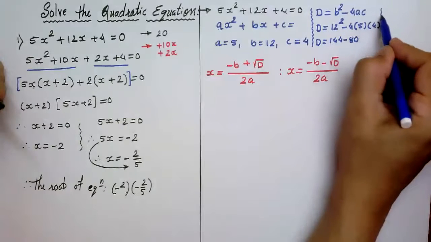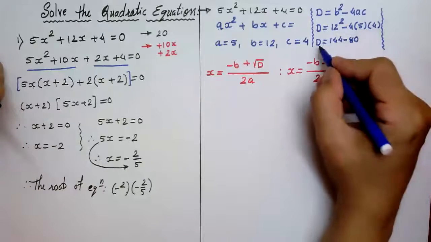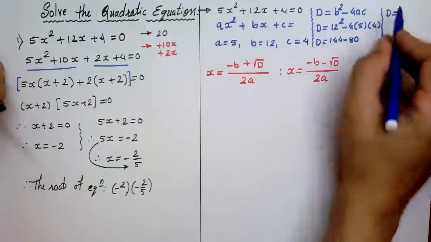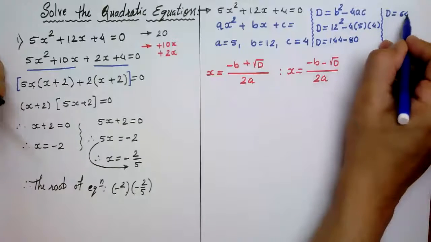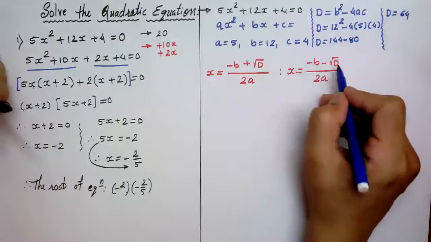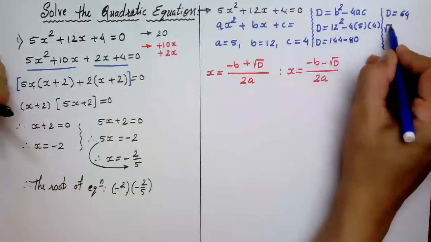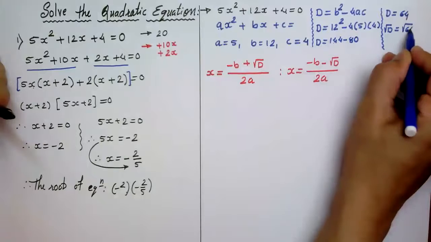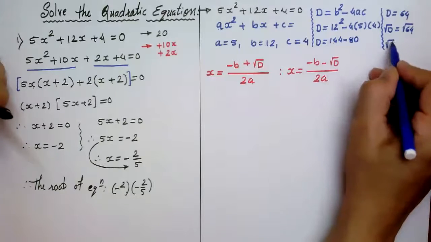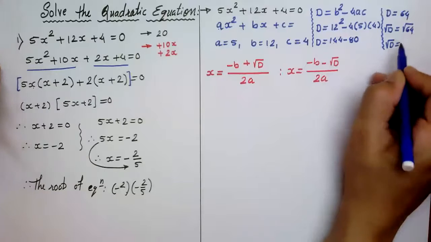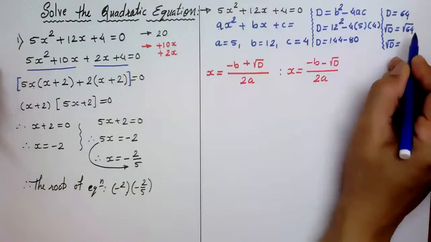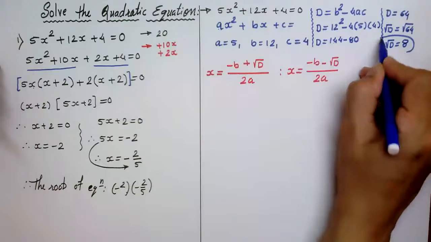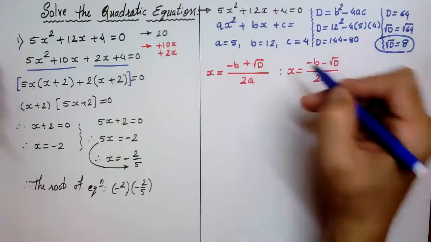So here I am getting d is equal to 144 minus 80, so that will give you 64. But I need the square root of d. So the square root of d is nothing but the square root of 64. And you should remember that 8 squared is 64. 8 8s are 64. So the square root of 64 is 8. This is very important. I'm going to use this over here.